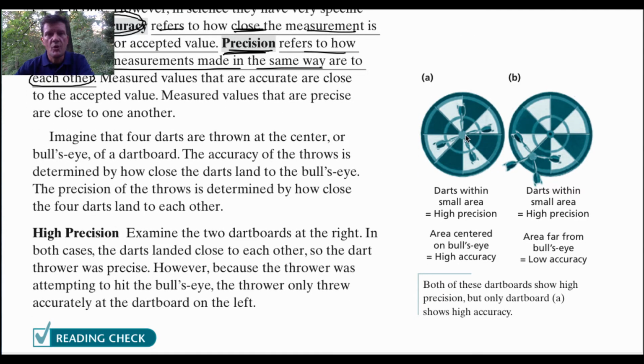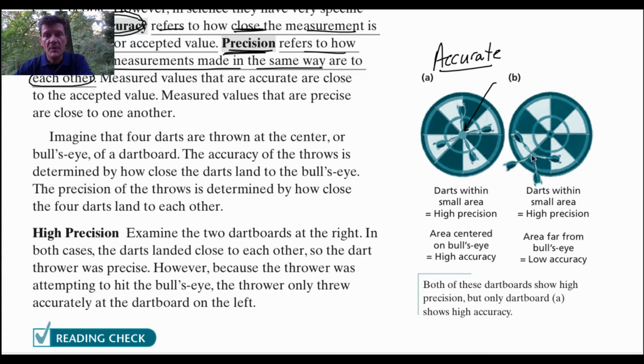So there's a difference. Here's a little illustration to help you understand. If you throw a whole bunch of darts and you're trying to hit the bullseye on this target here, and all of your darts hit the bullseye, you have been very accurate. Okay?